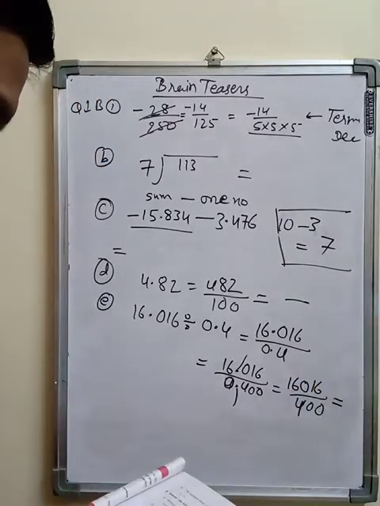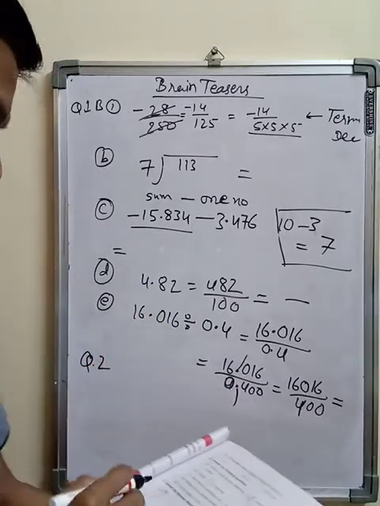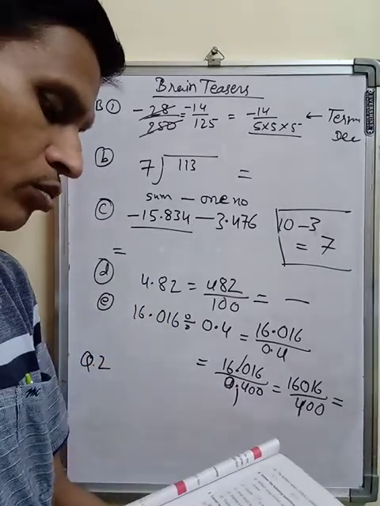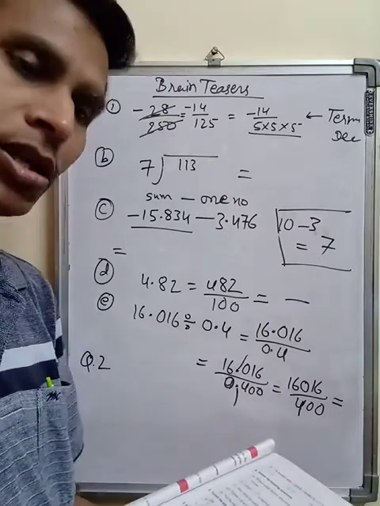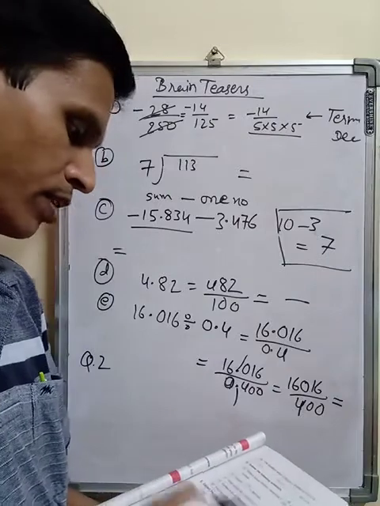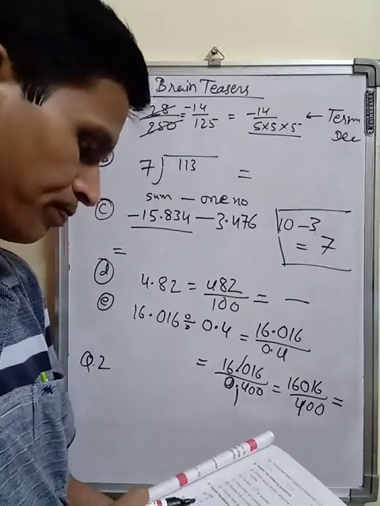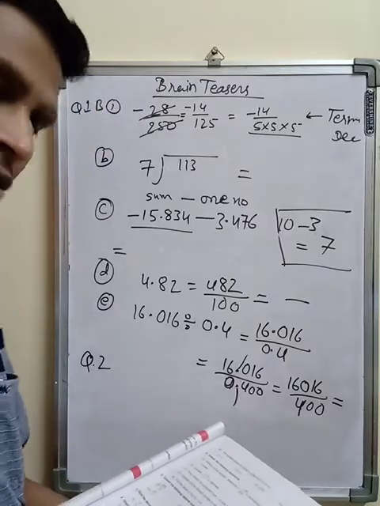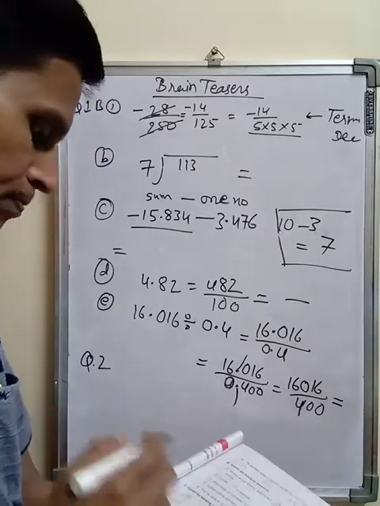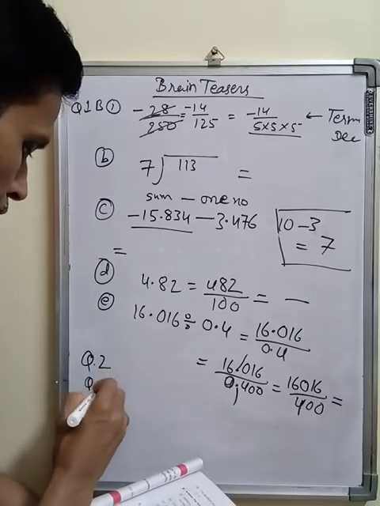This becomes 16016 upon 400. First of all we write it in proper columns. This has one decimal place, but the other has three, so we put two more 0s and then remove the decimal. So it will become 16016 by 400, and after that you can check by cancellation.